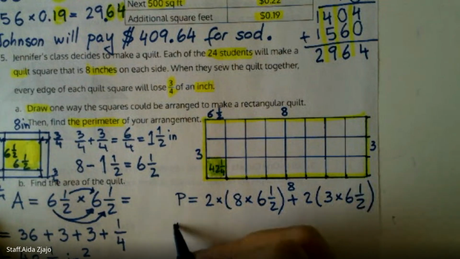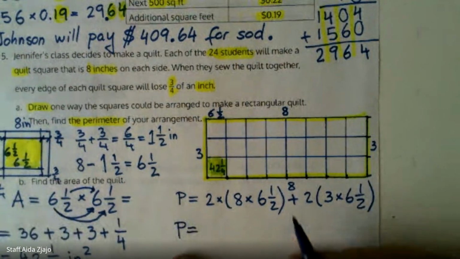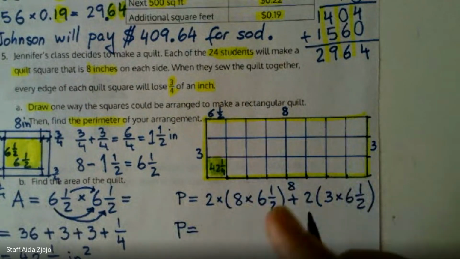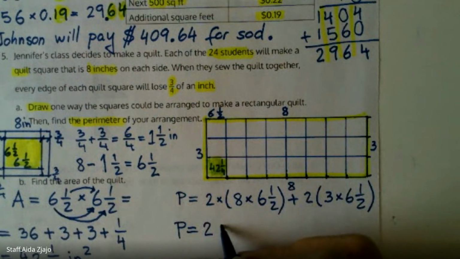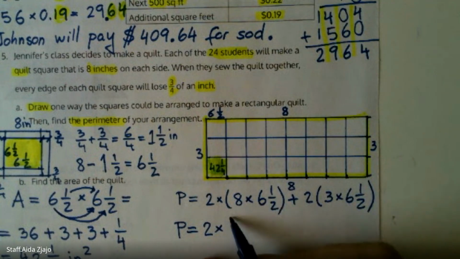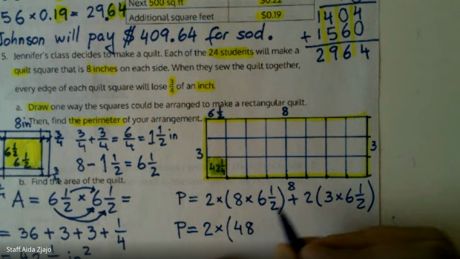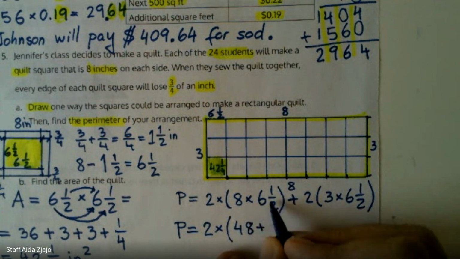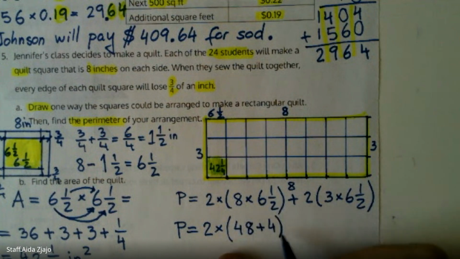So for the perimeter, let's just do this first parenthesis. So 8 times 6 is 48, plus half of 8 is 4. Okay, now let's do this one, 2 times.